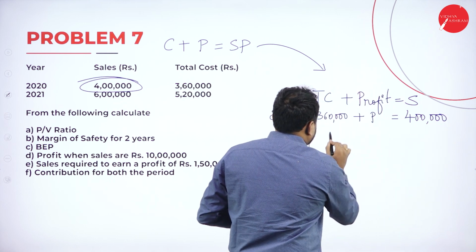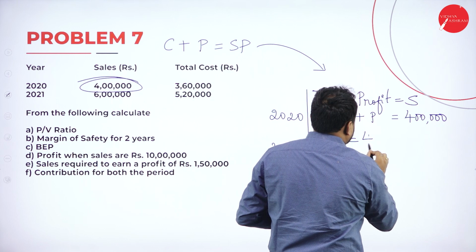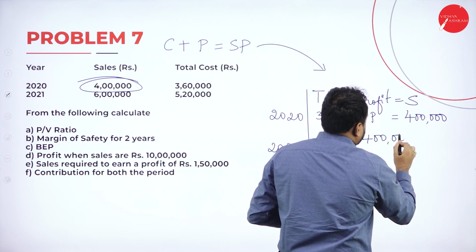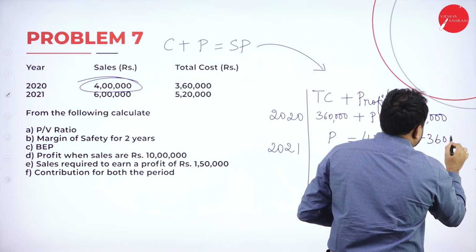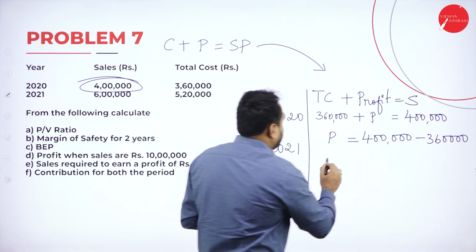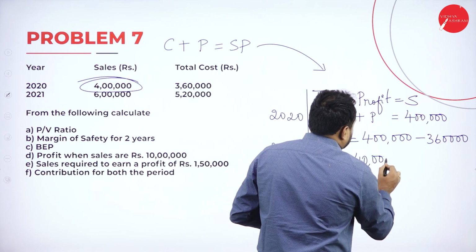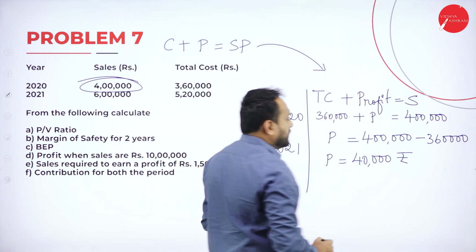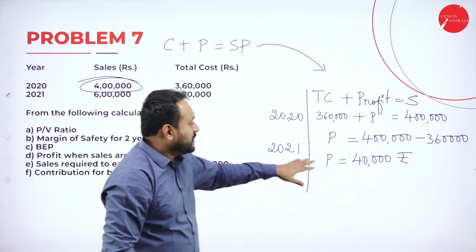Now P is equal to 4 lakh, and this 3,60,000 will go there, plus will become minus, 4 lakh minus 3,60,000. Now I got my profit. My profit is equal to 40,000 rupees. So 2020, my profit is 40,000.